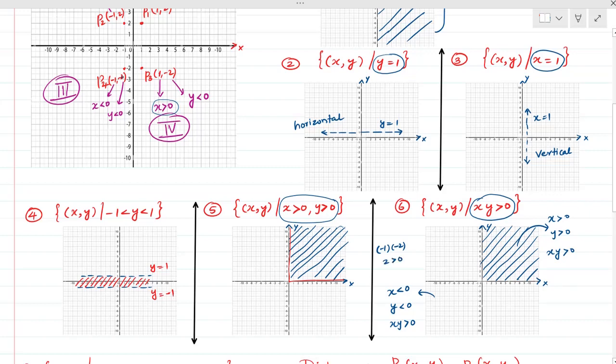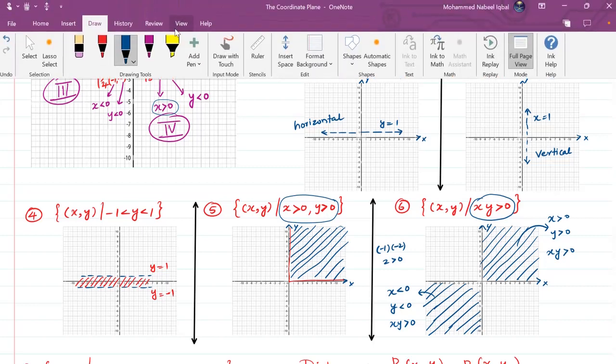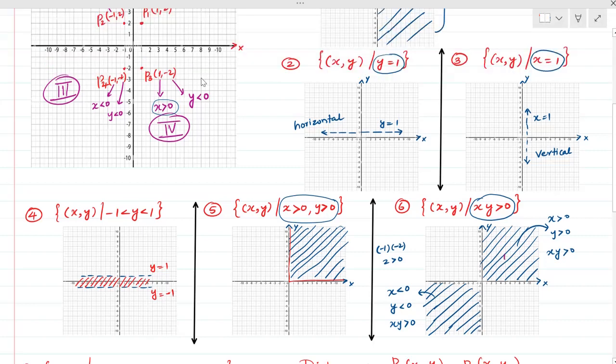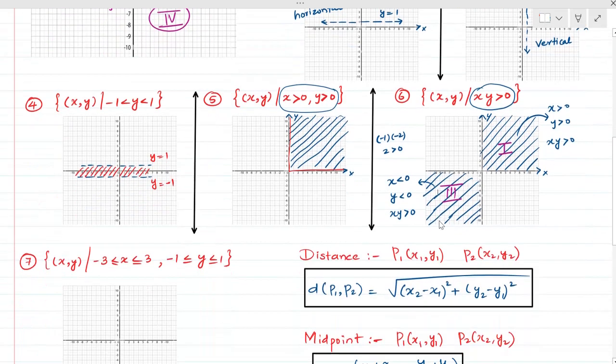Therefore, this region is also included, where the product of x and y is more than 0. So quadrant 1 and quadrant 3 are the regions where the product is more than 0. And this line is not included, it is not given as equal.